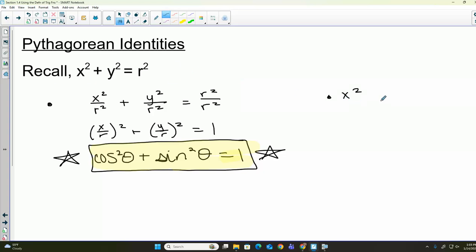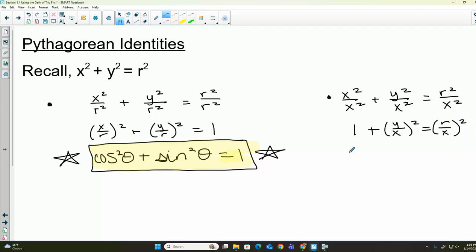So we could have gone back through, I divided by r squared, but what if I divided by x squared? Okay, x squared divided by x squared is 1. Y over x squared equals r over x squared.